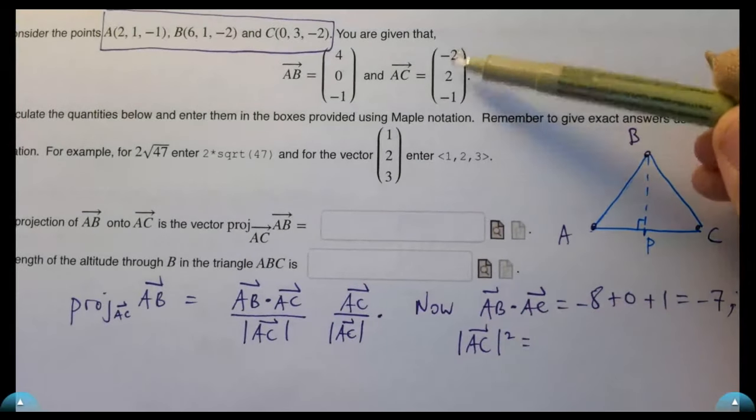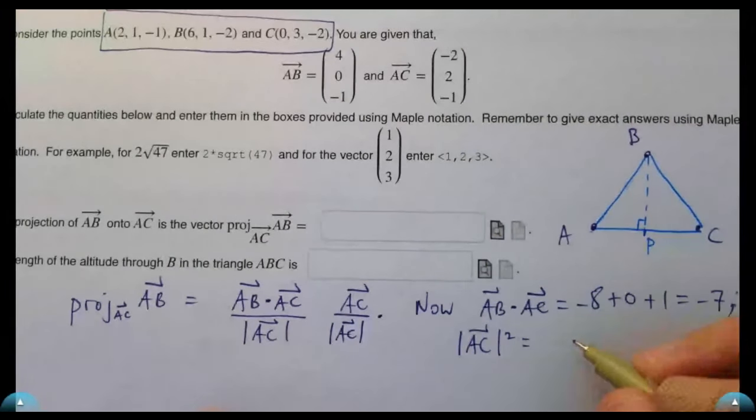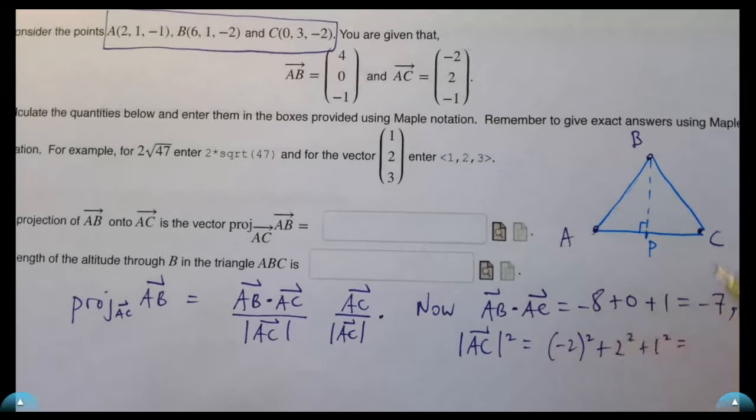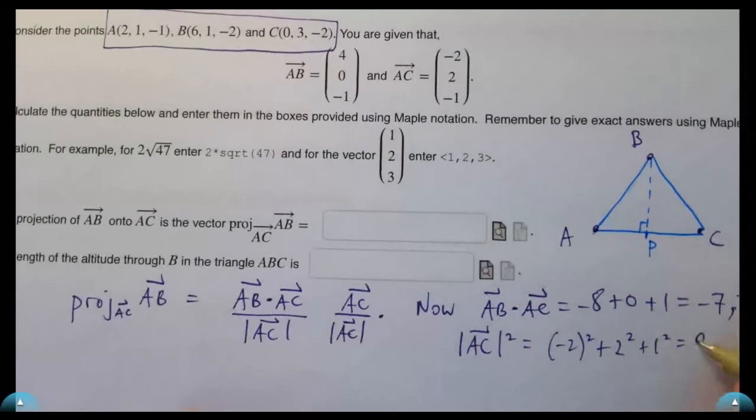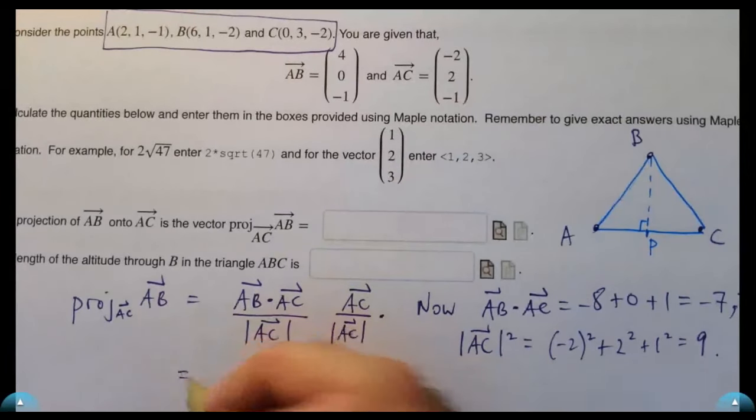To do that, you just square the components and add them together. Okay. So let's simplify now.